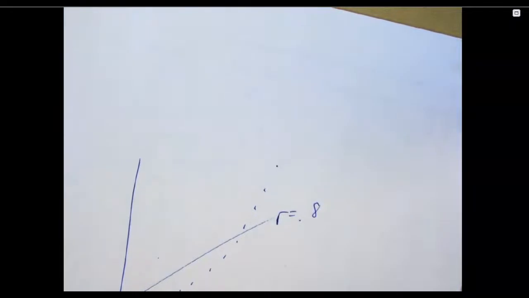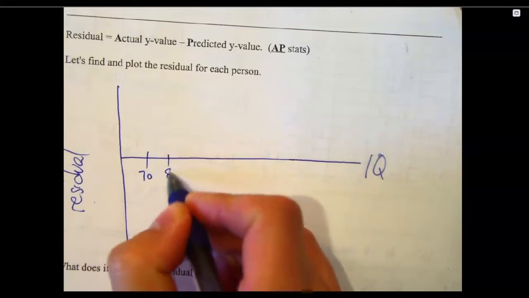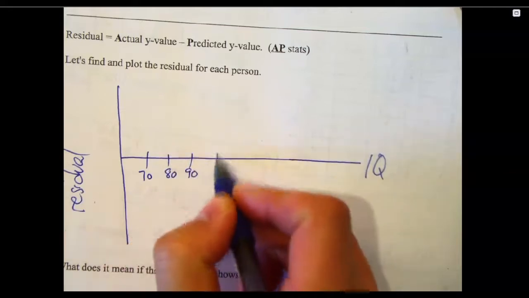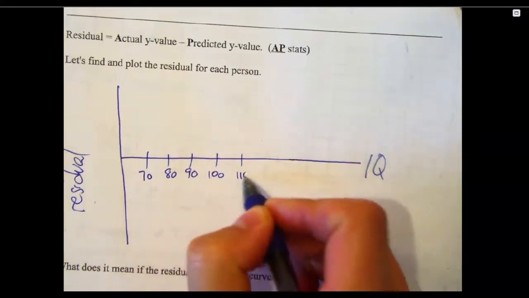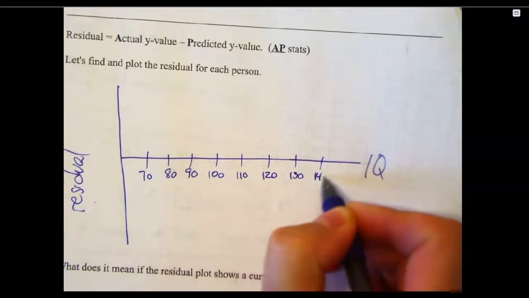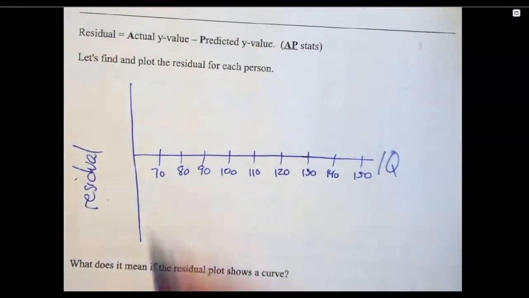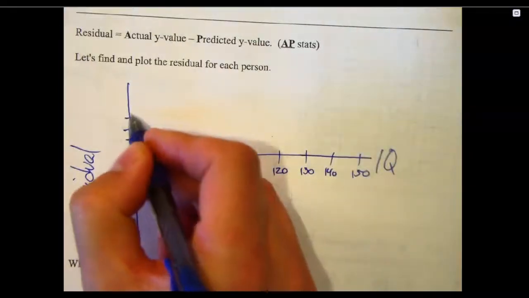Our IQs went from like 70 to 150, and our residuals go to about 5, positive and negative. I think that covers it.